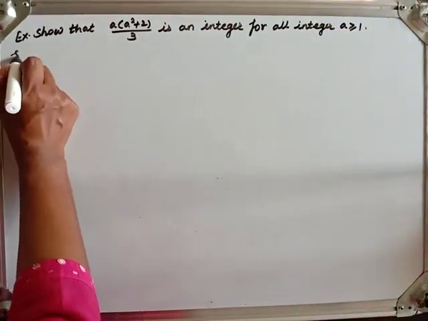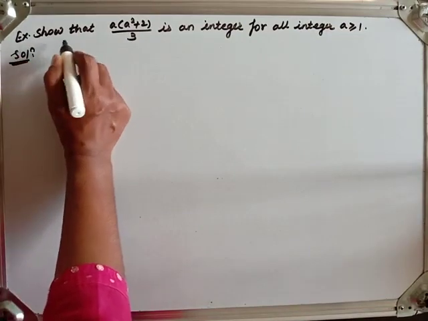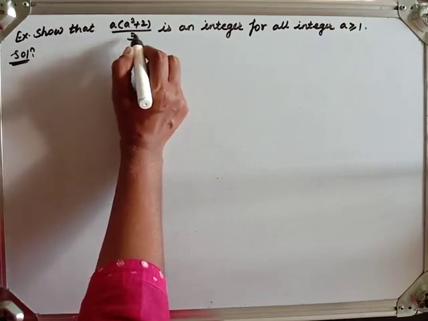Now to show this, what we have to do? It is enough to show that a into a square plus 2 is divisible by 3.